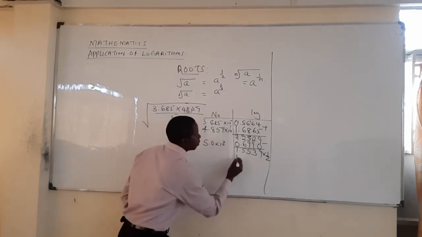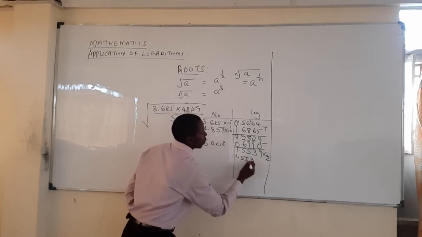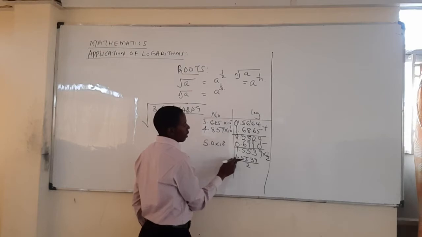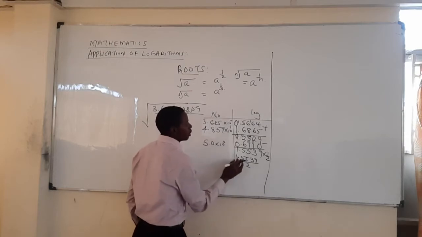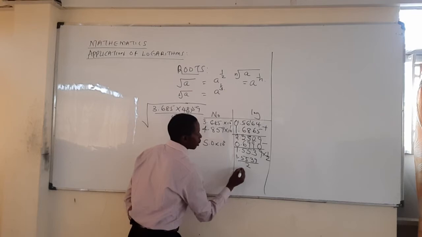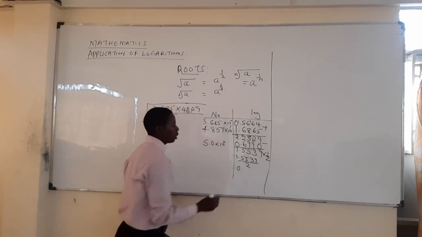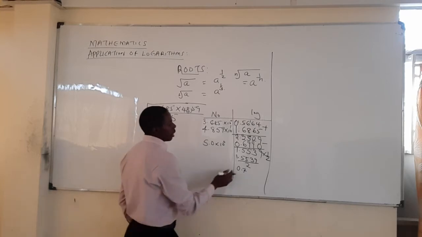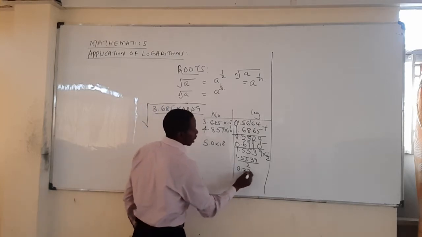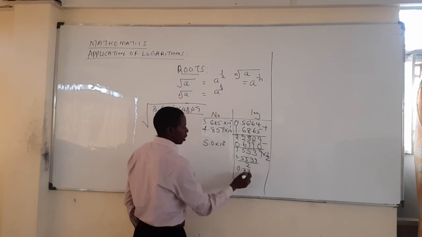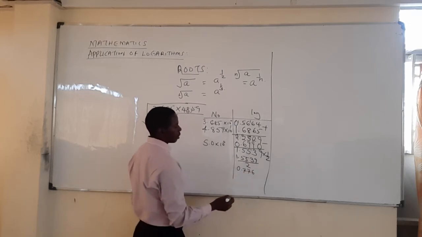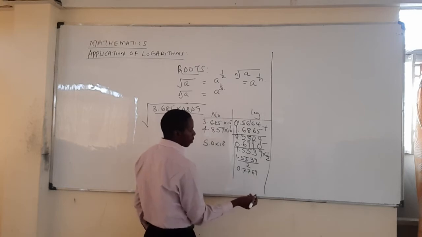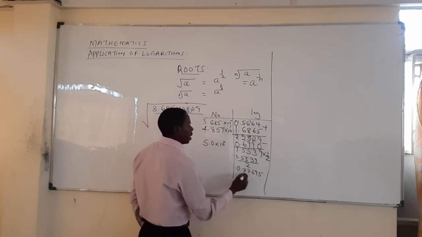1.5539 divided by 2. Since it's a positive number, we just divide directly. 1.5539 divided by 2, we're going to get 0.7, 14, remainder 1, 7 again, 14, remainder 1, 13, 6, 12, remainder 1, 19, 9, 18, and the 1, then 5 there.